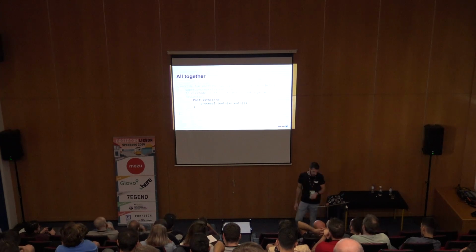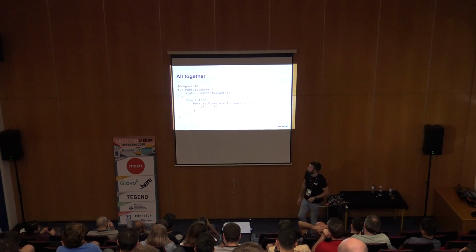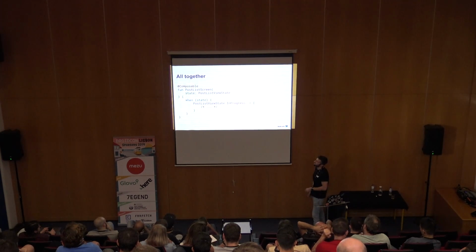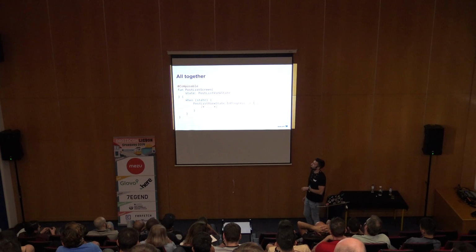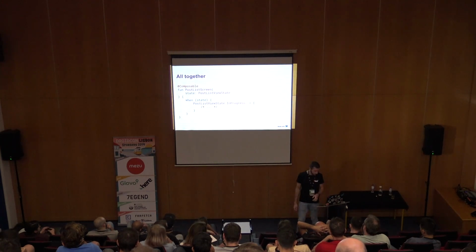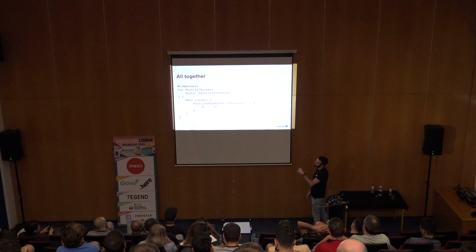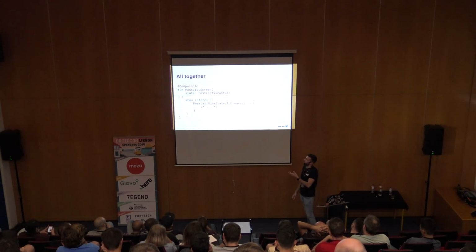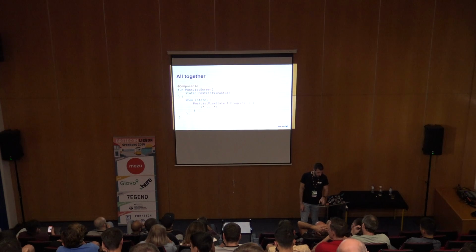This post list screen is nothing more than a composable function which sets a state. This composable function is composed every time that state is being updated. So we're going to have all the possible states here, which we can then decouple in several different components.